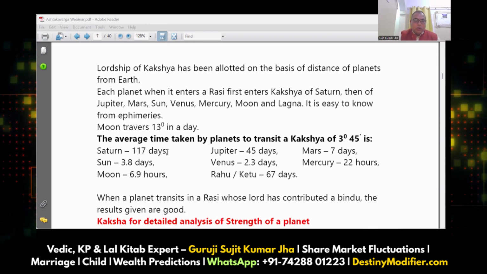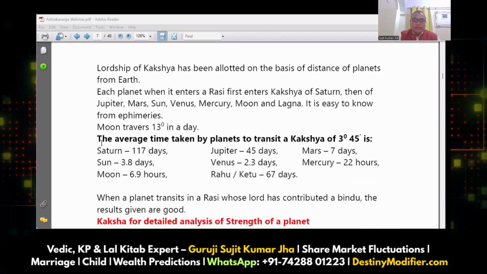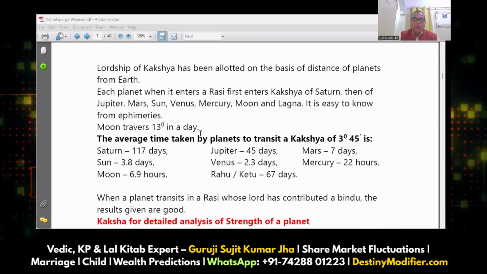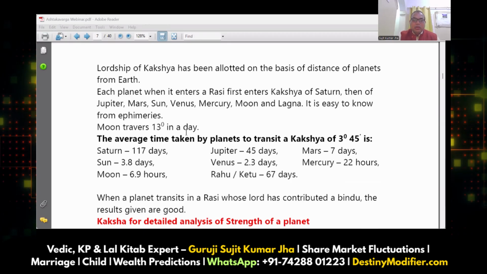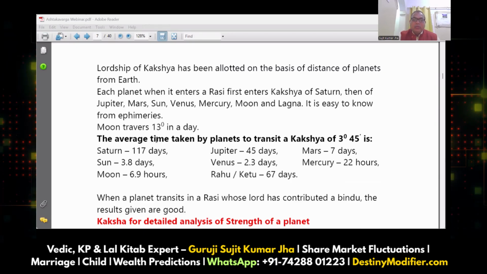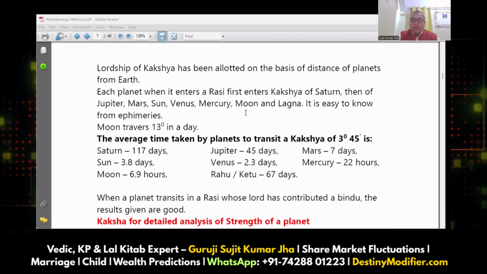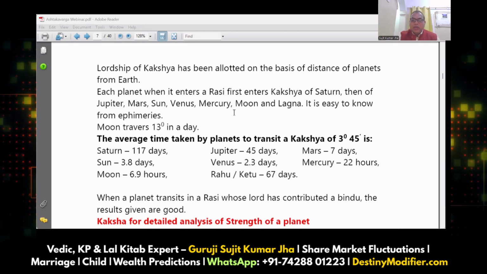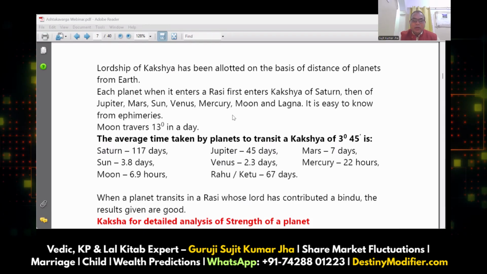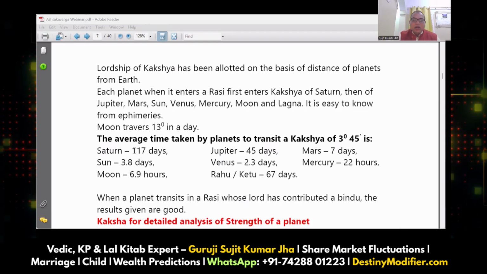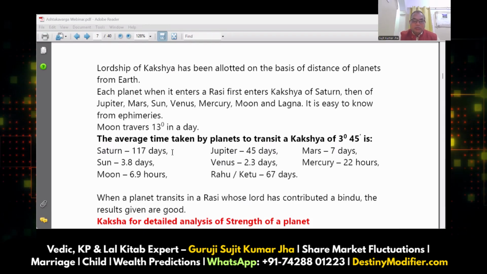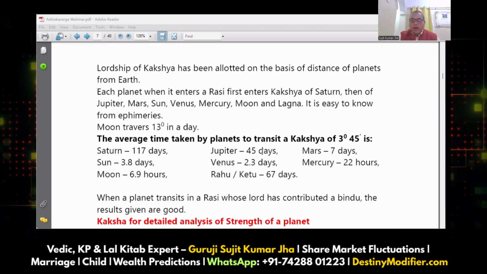Now, we know that the Moon takes 1 day to travel 13 degrees. Like this, every planet takes some time to travel one Kaksha. One Kaksha means 3 degrees 45 minutes. Saturn will take 117 days. Jupiter will take 45 days.